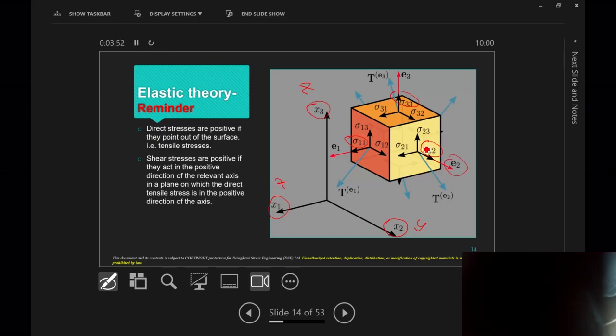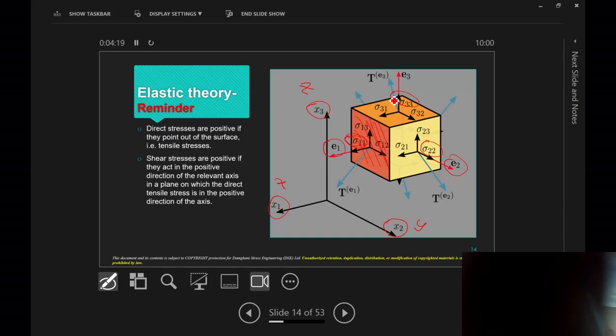So sigma 2,2 is regarded as a positive direct or normal stress, because it's acting in the normal direction of the plane. The same could be said of sigma 1,1, because it's acting in the normal direction of this plane. So everything you see here is shown for positive values or positive directions.